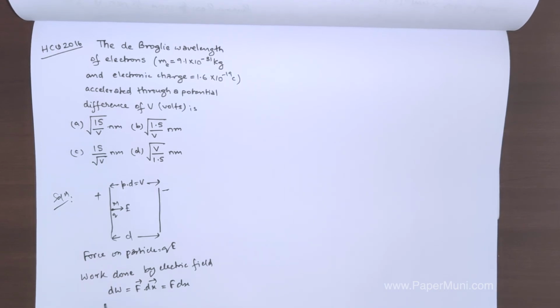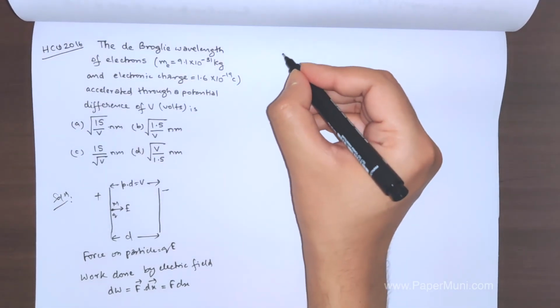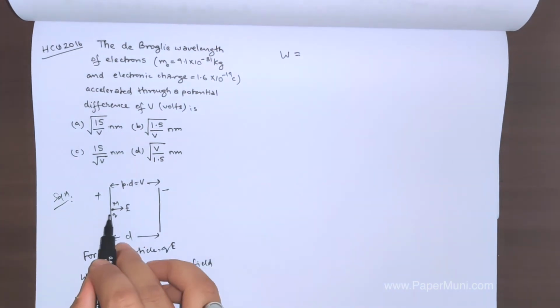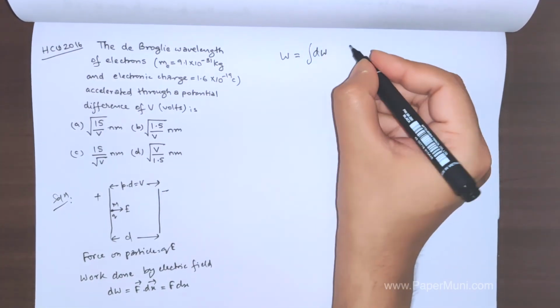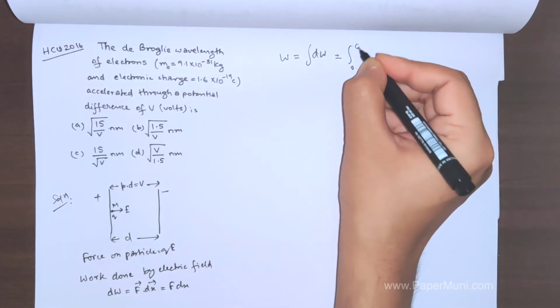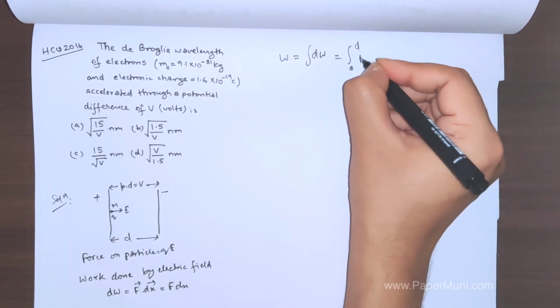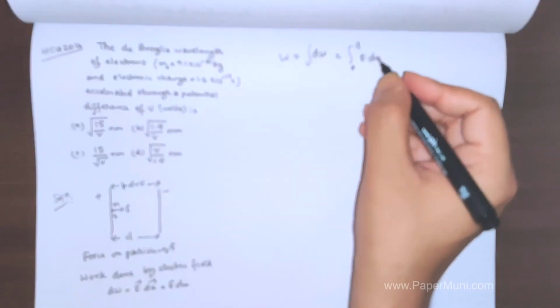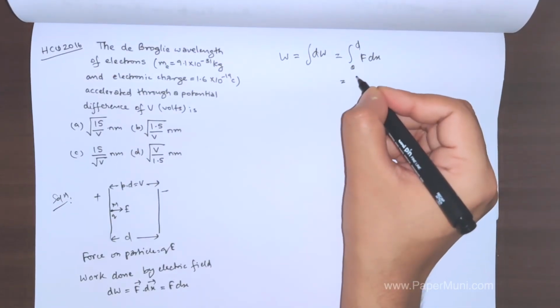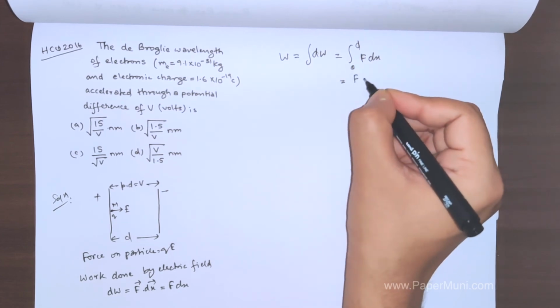If you want to calculate the total work done to move the particle from this point to this point, it will be the integration of dW from 0 to d of F dx. If we integrate this, we get F into d.